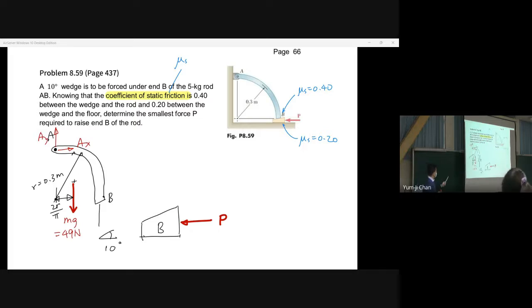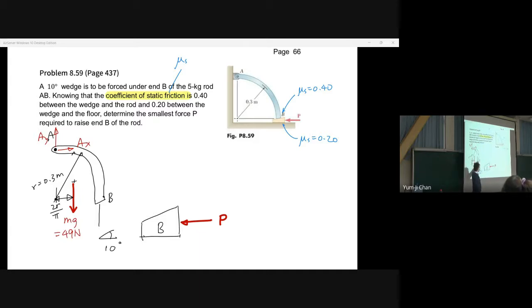And for this friction force, you may ask whether the friction force is in this direction or this direction, right? The friction force can go to the right or go to the left. So which way is it? Sometimes it is not easy to know because it can go to the right or it can go to the left. So what should we do?